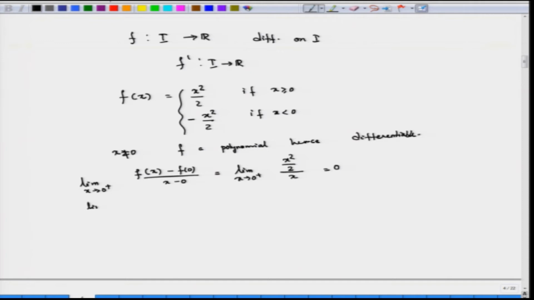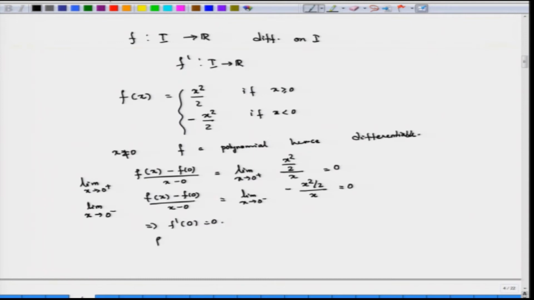Similarly, the limit as x goes to 0 minus of f of x minus f of 0 by x minus 0 is the limit of minus x square by 2 divided by x, which is again going to be 0. So, this function f is differentiable at 0, and f prime of 0 is equal to 0.